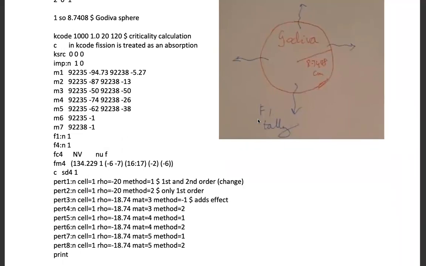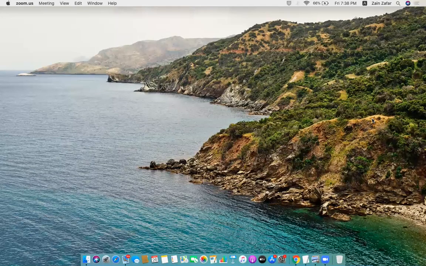Let me do a new share, and the new share I'll do is to show you the output file. Okay, so I hope you can see this output file over here. So this is the output file that we get, and it's a huge file, and it gives you a lot of information.